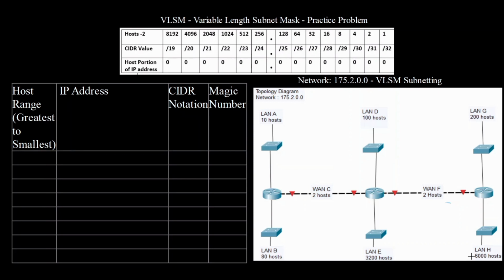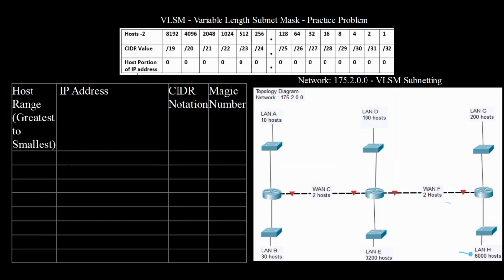For instance, local area network H has 6,000 here. We also have 3,200, 200, 100, 80, and 10 for the other LANs. For the wide area networks, we have 2 on each. So basically, what we are going to do now is sort these numbers.